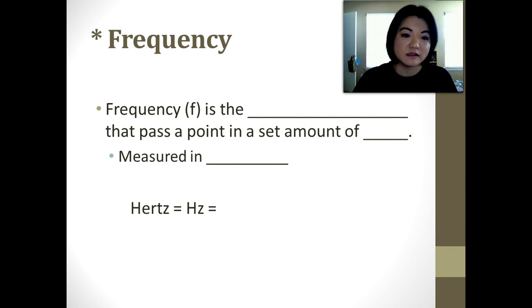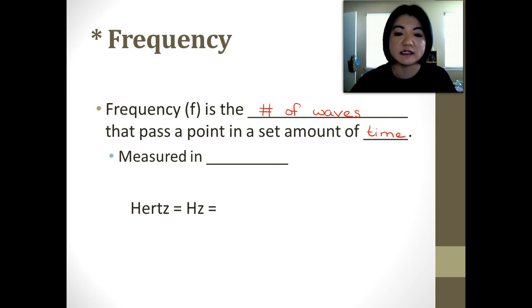Alright, now let's talk about what frequency is, because this is kind of a new thing. We talked about wavelength before, we know what energy is, but we haven't really talked about frequency of waves. Frequency is symbolized by the little letter f, and frequency is basically the number of waves that pass a point in a set amount of time.